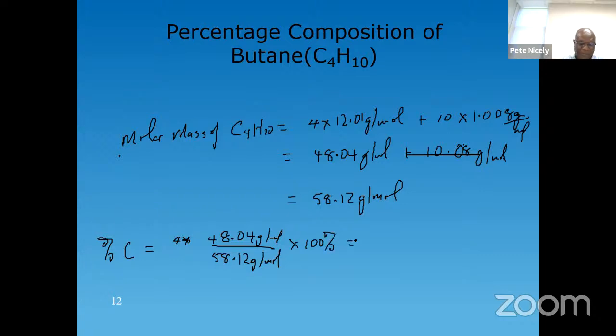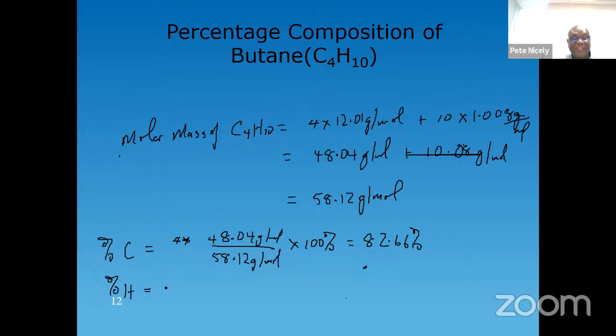So 48.04 divided by 58.12 times 100. And I got 82.66%.